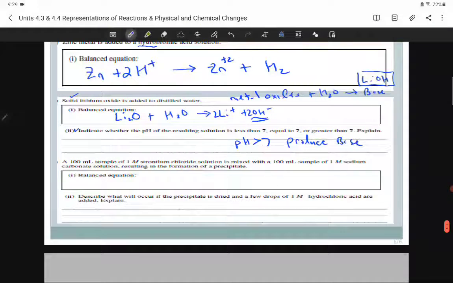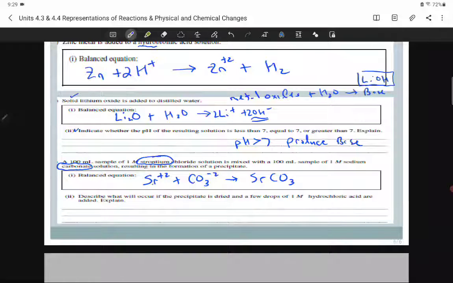And our last one here, strontium chloride and sodium carbonate. That's AB plus CD. And those two things are going to form a precipitate. So strontium and carbonate make a precipitate.